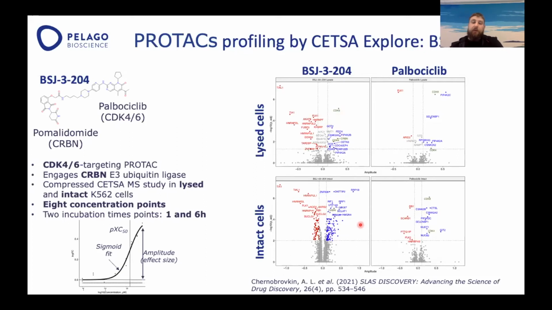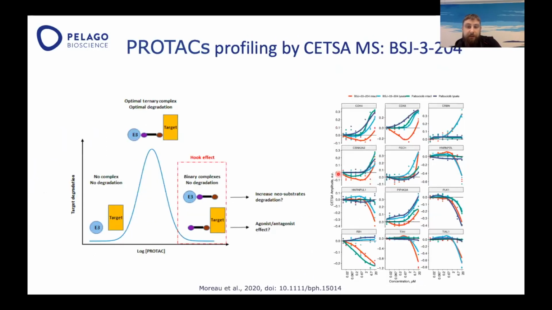When we look at the PROTAC binding profile in intact cells, we can still see stabilization of the E3 ubiquitin ligase cereblon, but at first glance, we don't see any CDKs. But if we look at the underlying data for the proteins, we can see what is called the hook effect.